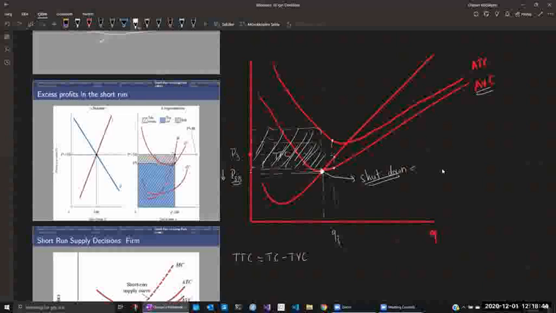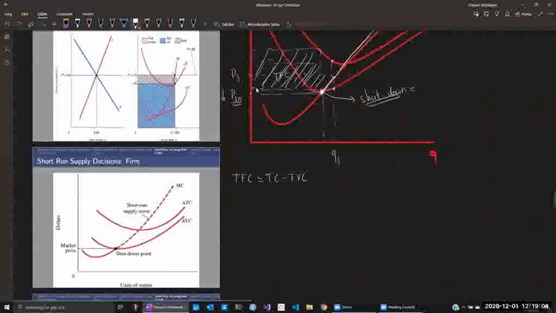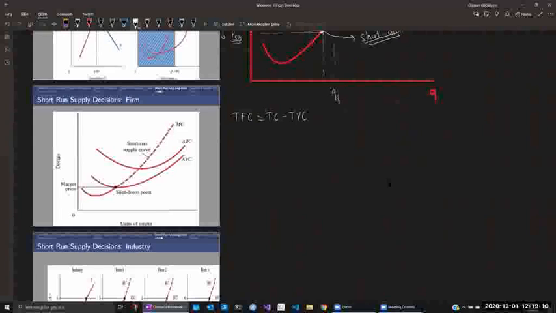Then the firm makes a positive supply for prices which are higher than this minimum price level, the shutdown level. This part constitutes the individual supply of a competitive firm, which is also shown in this graph. So this is the short-run supply curve.